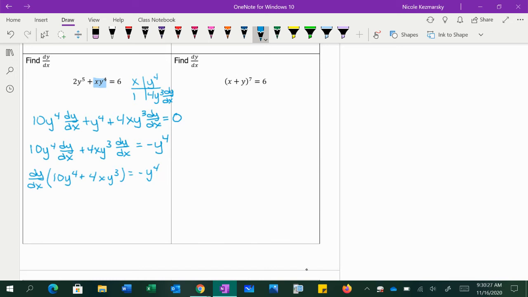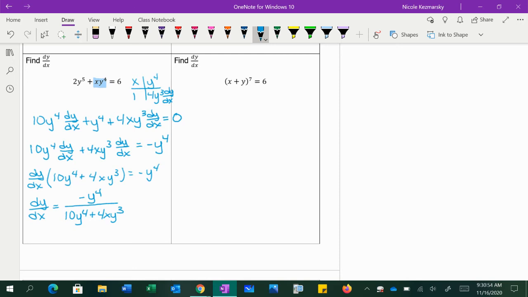And then I can divide by everything that's in the parentheses. So I can make this dy/dx equals, and then I'm going to divide by 10y to the fourth plus 4xy cubed with the negative y to the fourth in the top. And I just wrote it that way because the bottom is longer than the top. So I was trying to space it out.